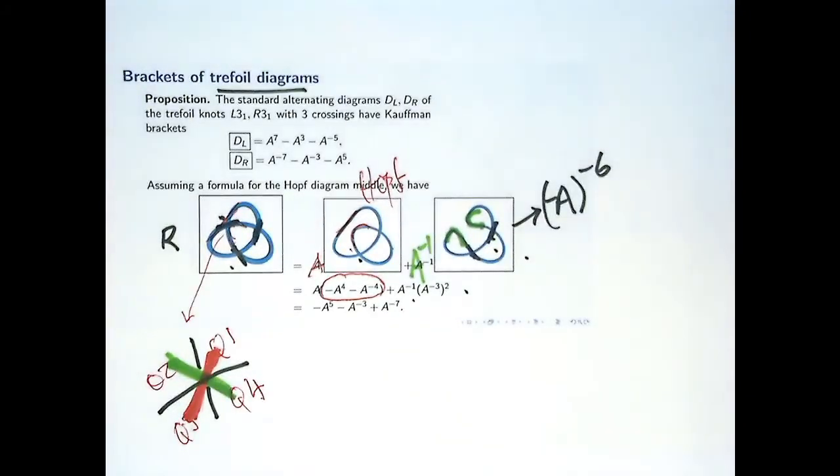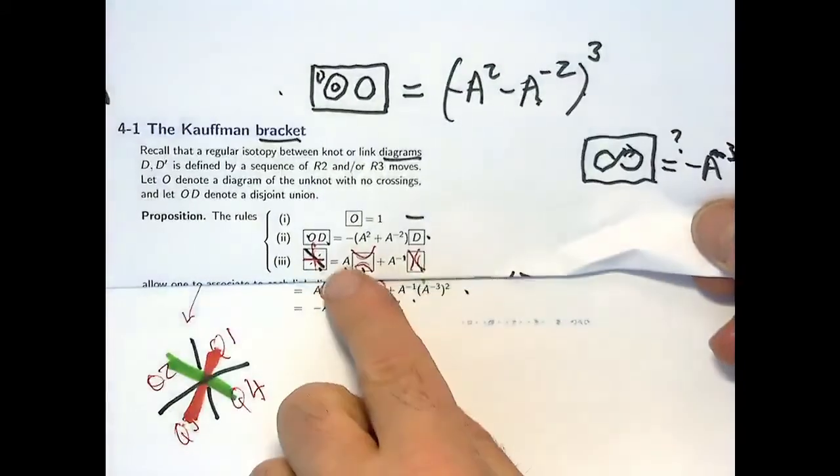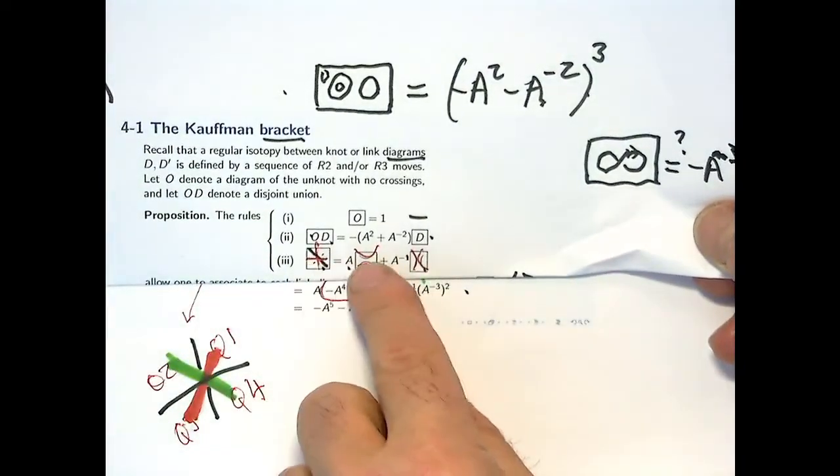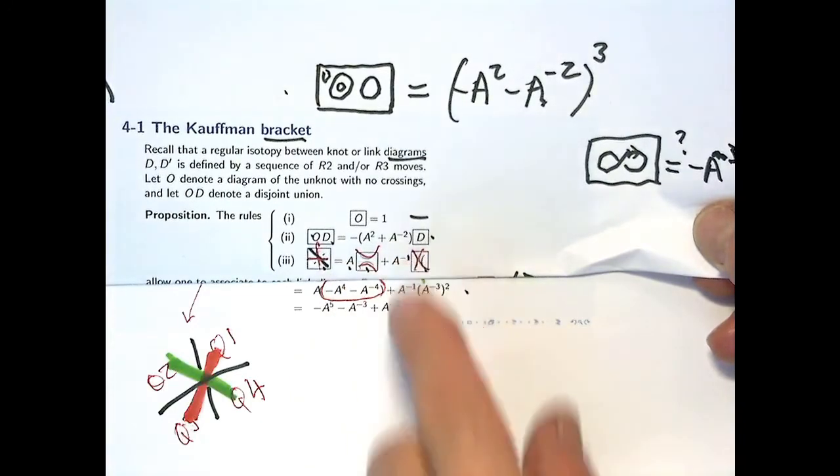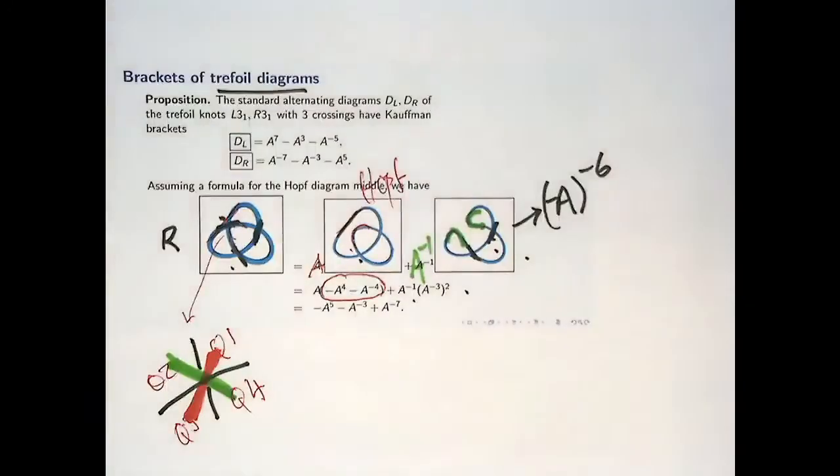Now the left-handed one, you don't have to do everything again, because if you follow the definition, it's really just rule 3, it's completely obvious. If you reverse a crossing, you switch the roles of A and A inverse, as I did earlier.